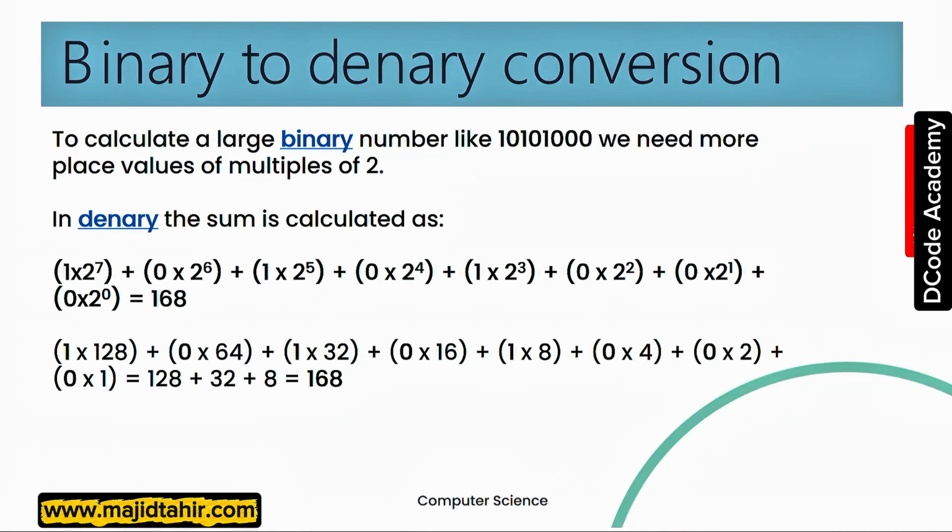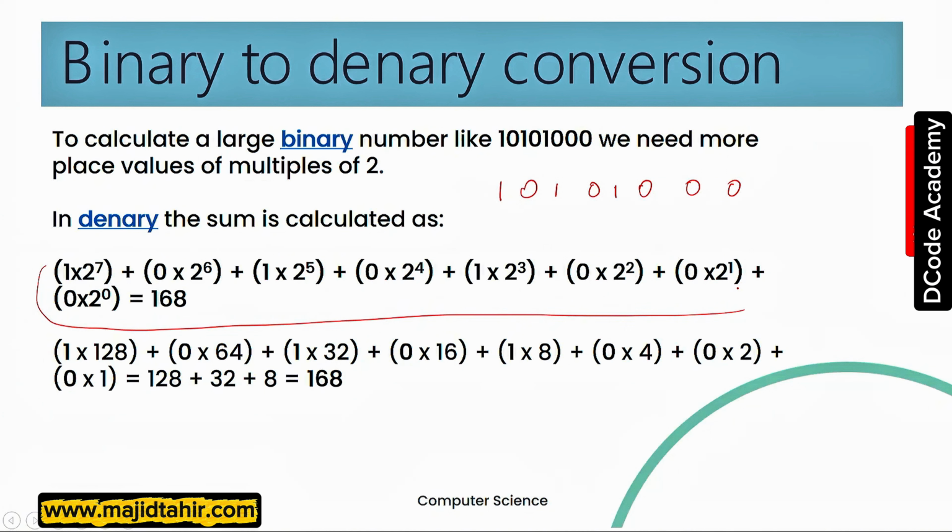Binary to Denary conversion is also very easy. For example, you have a binary number 1 0 1 0 1 0 0 0. Now you have to find out, this is the process. We have to multiply every number with its place value. Let's write the place values above: 1, 2, 4, 8, 16, 32, 64, 128.